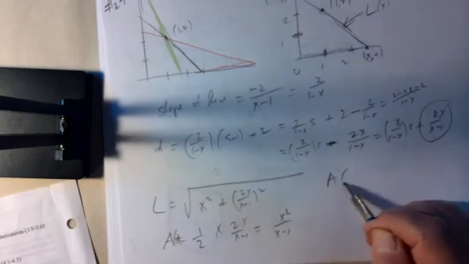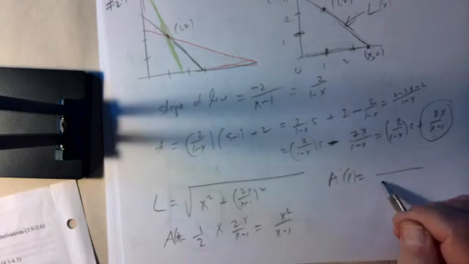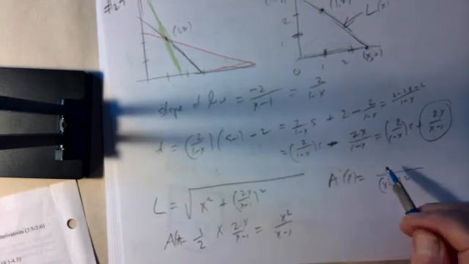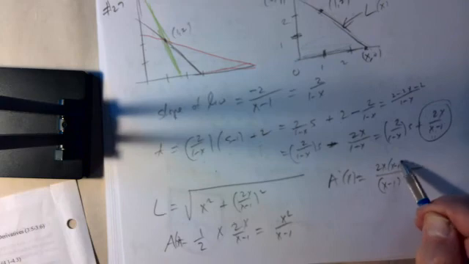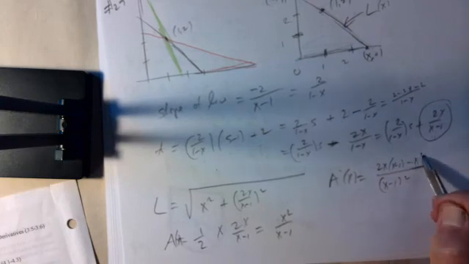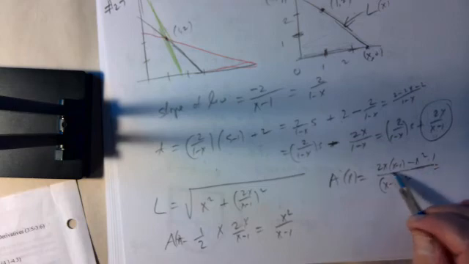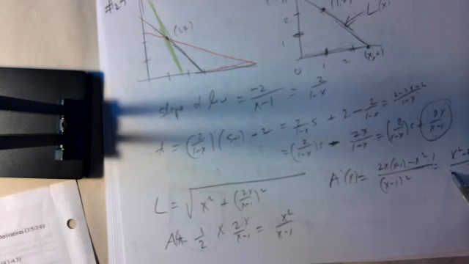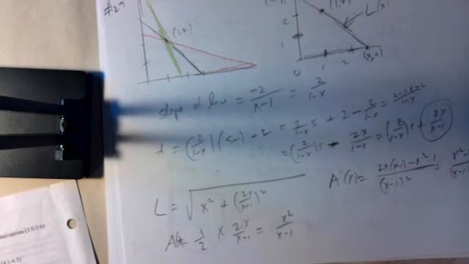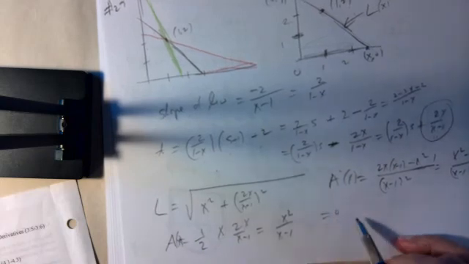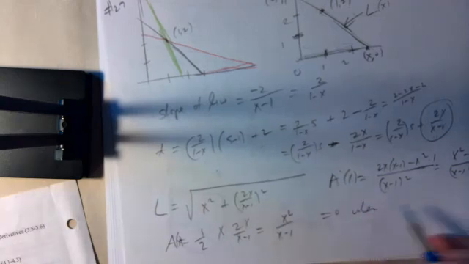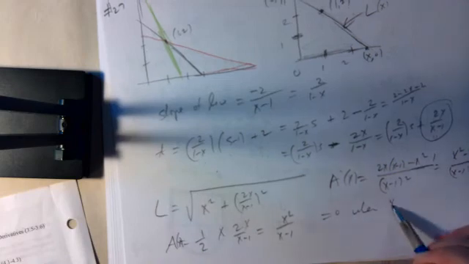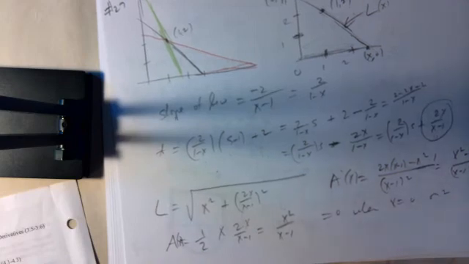So A prime of x is x minus 1 squared, the derivative of the numerator times the denominator, minus the numerator times the derivative of the denominator. So 2x squared minus x squared is x squared minus 2x over x minus 1 squared. And that's equal to 0 when x equals 0 or 2.